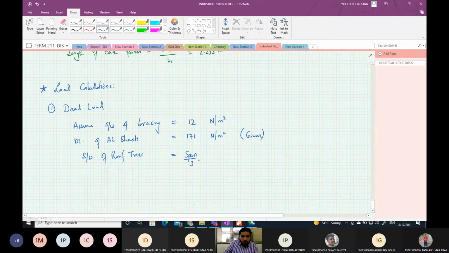This is just for the approximation. Exact self weight will be found after we design the member. So just to have an approximate consideration of the self-weight of the roof truss, we use this formula.